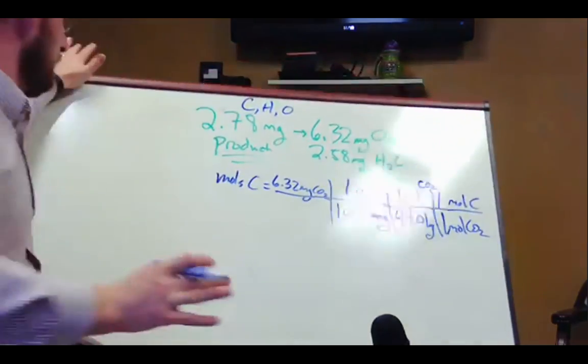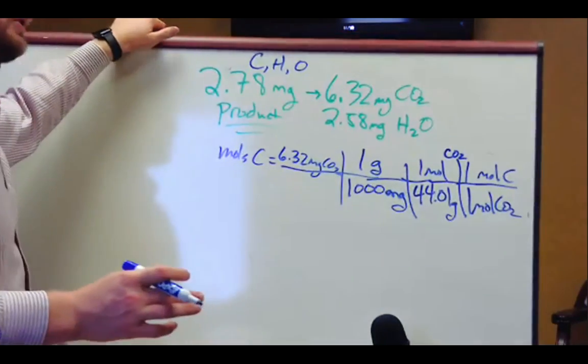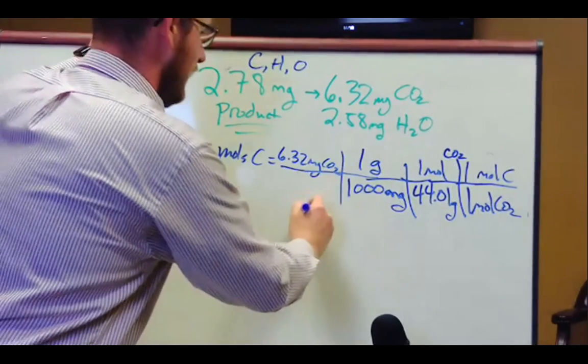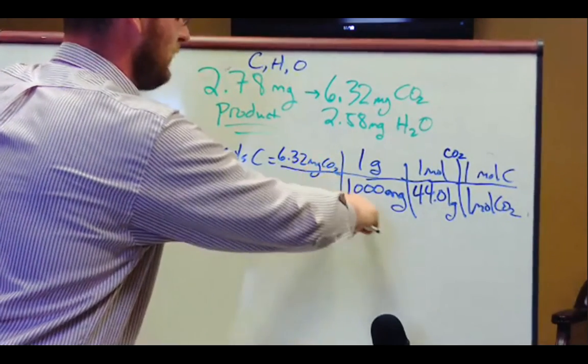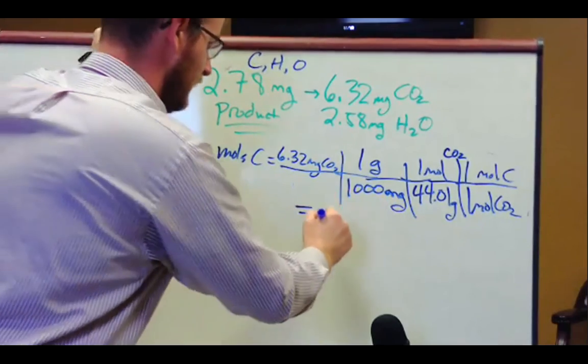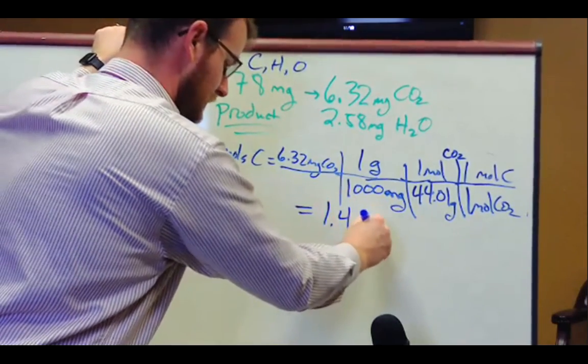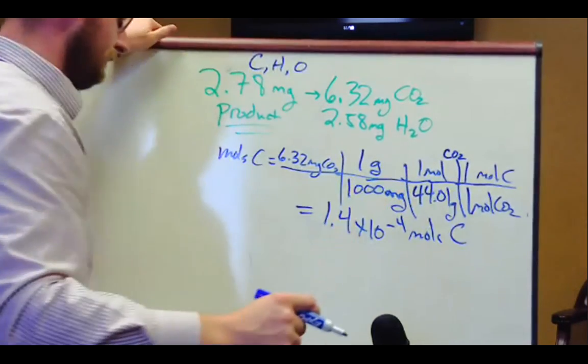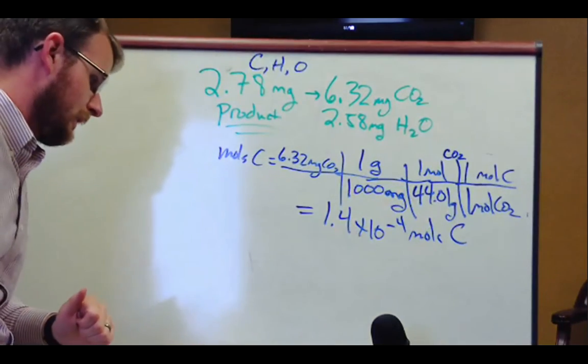That's why we start with CO2. And so when we do this calculation, you're going to take 6.32 divided by 1,000 times 44.01. You're going to get 1.4 times 10 to the negative 4th moles of carbon.